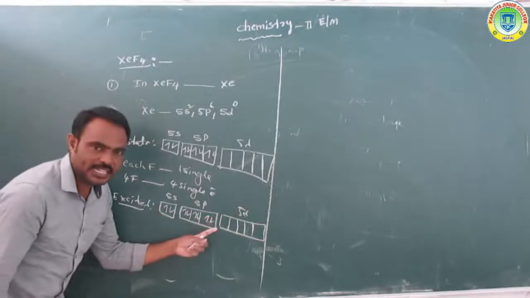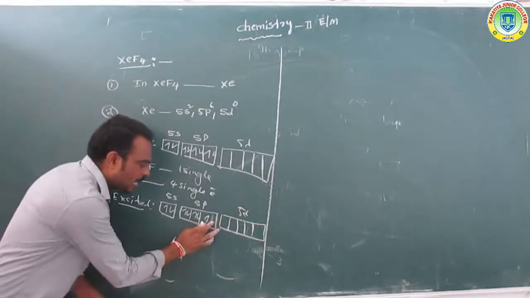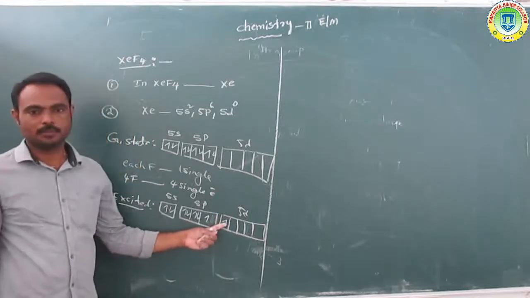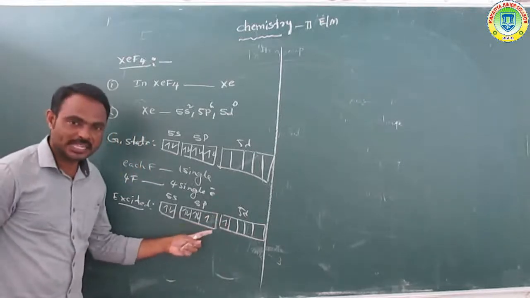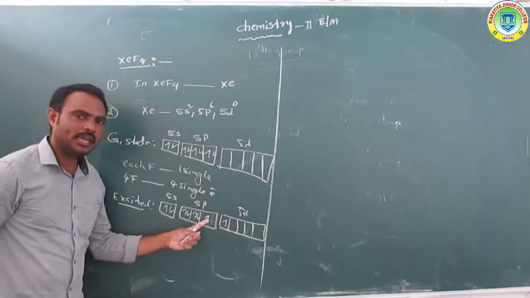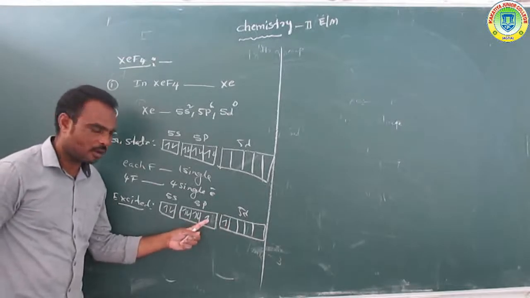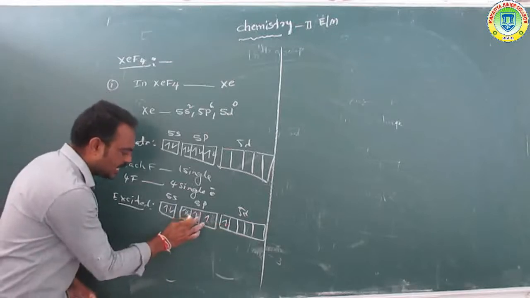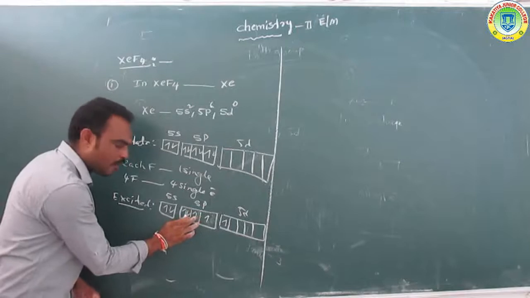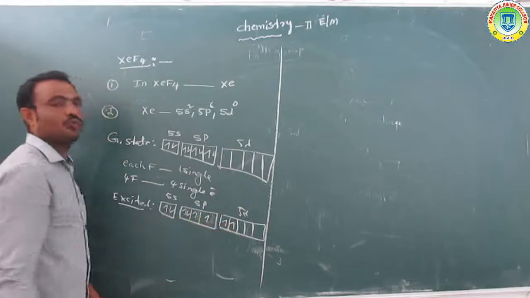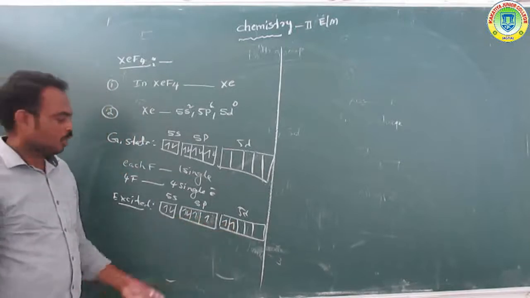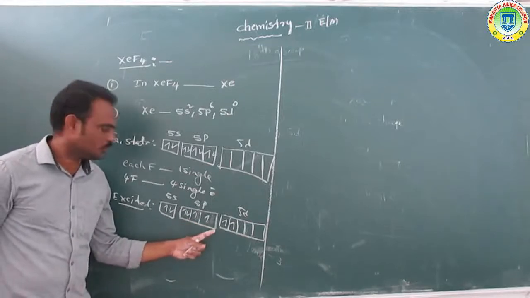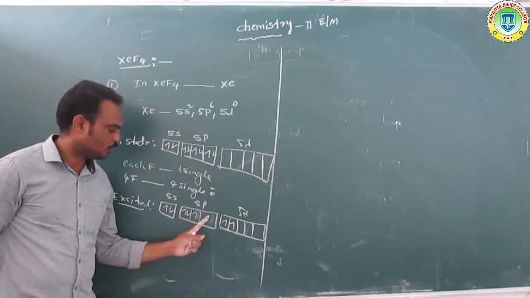In the first excited state, one electron from the 5p orbital jumps to the 5d orbital. In the second excited state, another electron from the 5p orbital jumps to the 5d orbital. So in the second excited state, how many single electrons? 4 single electrons: 1, 2, 3, 4.